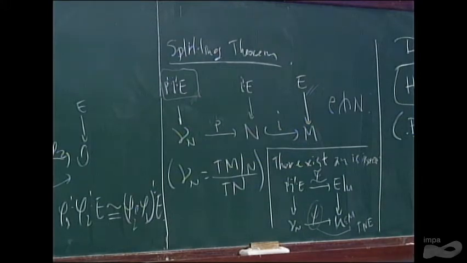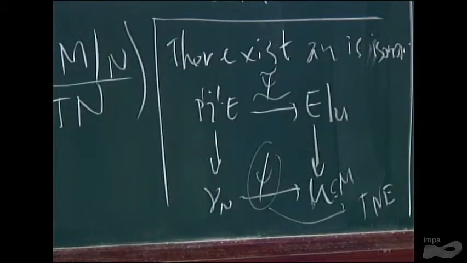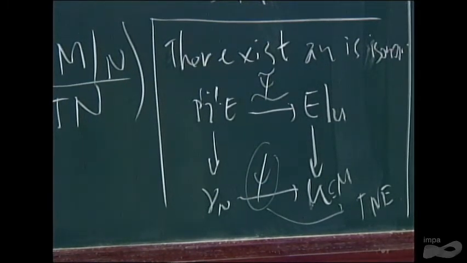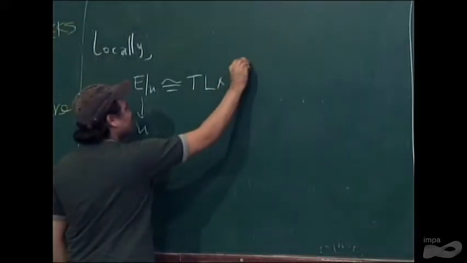So why do you call these splitting theorems? Because when you restrict, come back here, when you restrict, this is a special case of local splitting, in the sense that locally this is proving that in some neighborhood every Lie algebroid is isomorphic to a product of some tangent part times some other Lie algebroid.